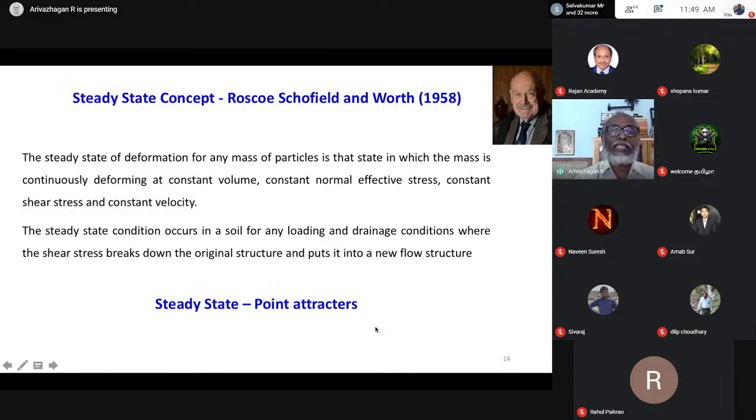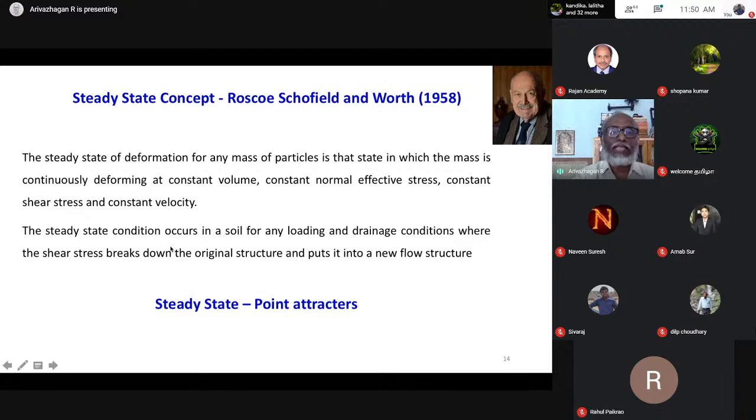See here, first, the steady state concept. Initially I told you about the critical state. It is not the critical state, it is the steady state. Both have a major difference, so don't get confused between the steady state and the critical state. The steady state of deformation for any mass of particles is that state in which the mass is continuously deforming at constant volume, constant normal effective stress, constant shear stress and constant velocity.